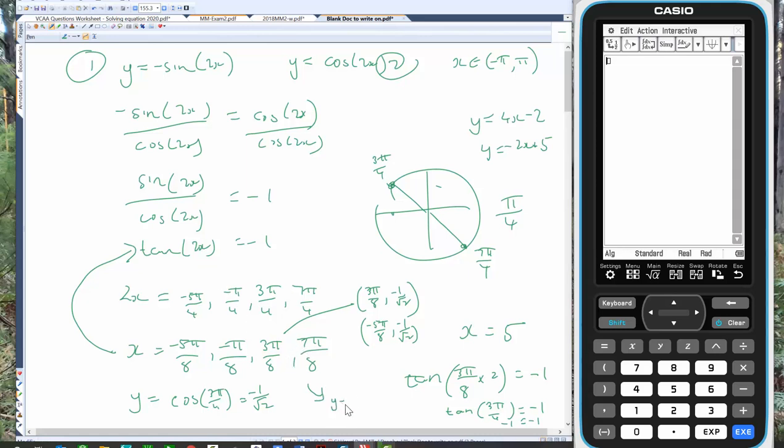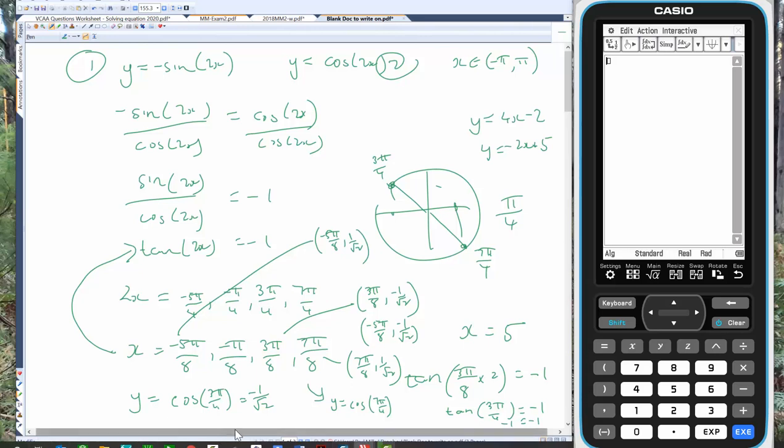So we're going to go y equals cosine 14 pi on 8, 7 pi on 4. So 7 pi on 4 is down here, and we're going to get 1 on root 2 for that one. So that's going to be 7 pi on 8, 1 on root 2 for that one, and it will be same thing for that one. It'll be negative 5 pi on 8 and 1 on root 2.